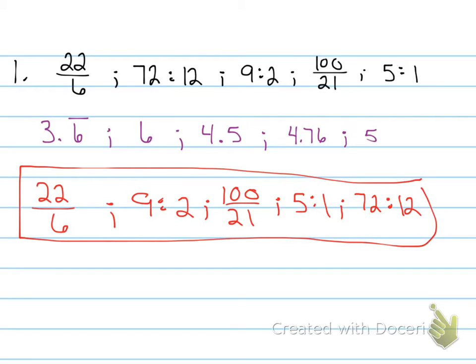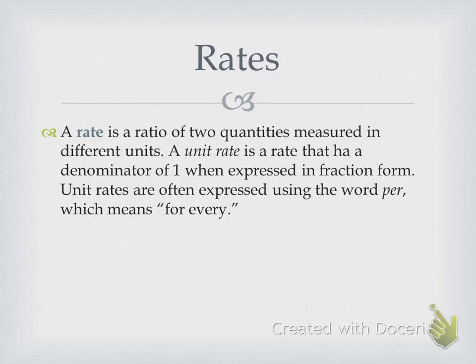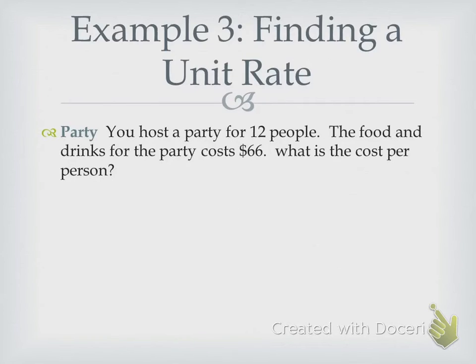All right, now let's get into part of the lesson that we didn't get to in the first part, and that is rates. You're going to be asked to find the unit rate on your test tomorrow, and this is what it means. The problem will give you some different numbers, but it'll always ask you at the end, what is the cost per, and then whatever it's asking for, that value goes in the denominator.